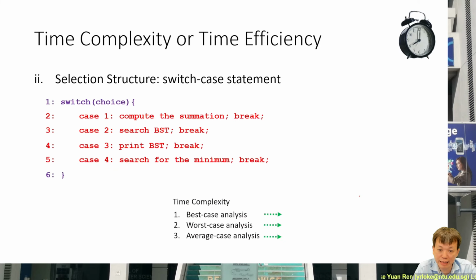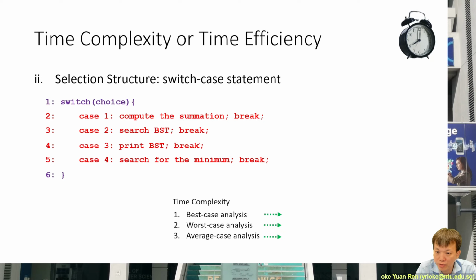Another example can be a switch case. In this particular example, let's say I have 4 cases in my switch case. The first one, I'm trying to compute the summation. I'm trying to sum n numbers.